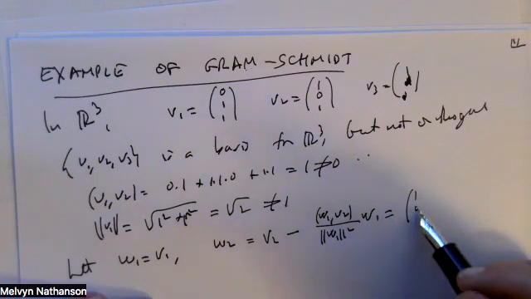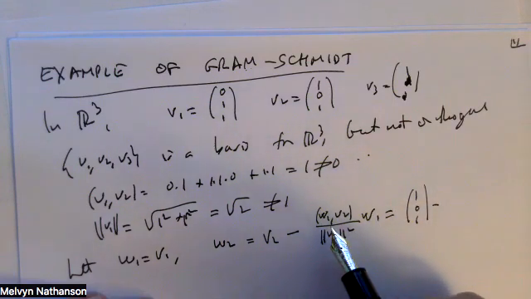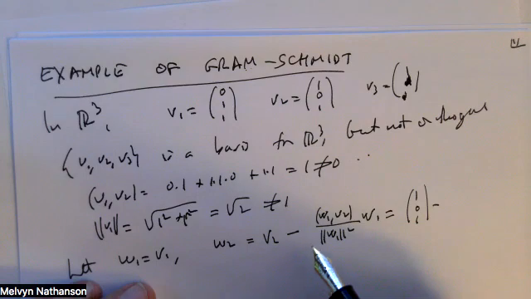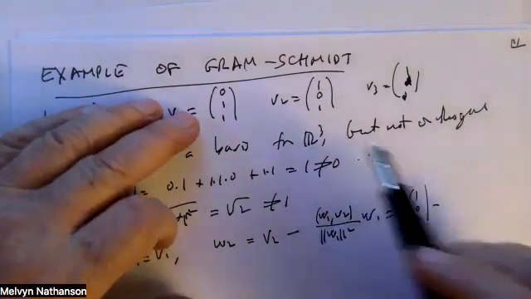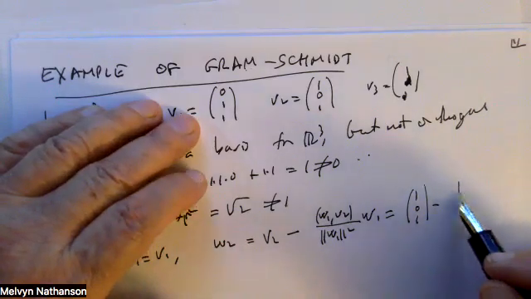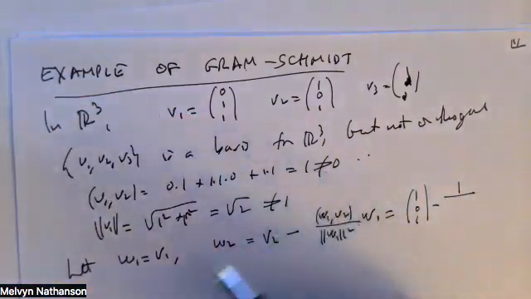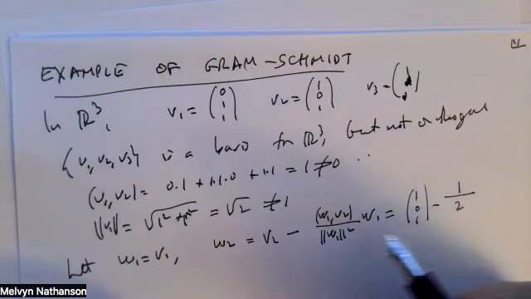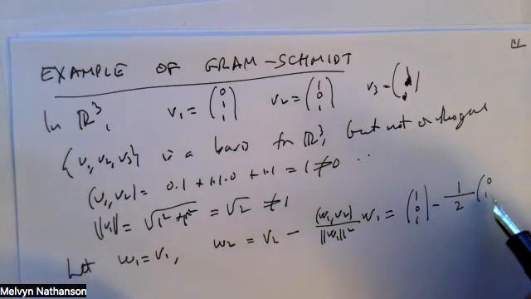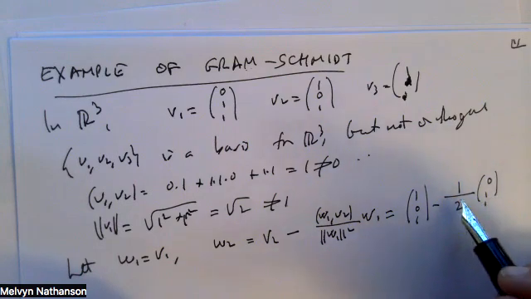V2 is 1, 0, 1. The inner product of W1 and V2 is 1 over the length of V1 squared, which is 2, times W1, 0, 1, 1. So this is a half.